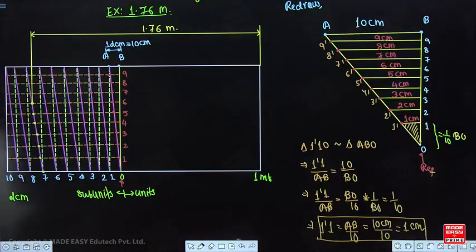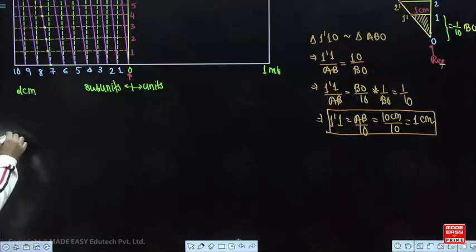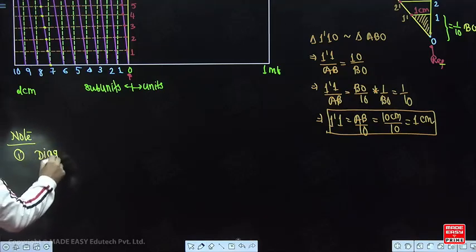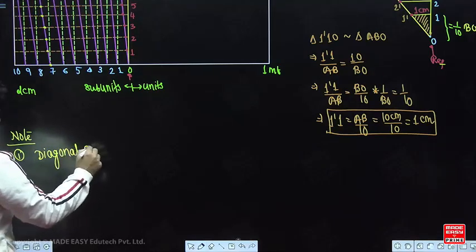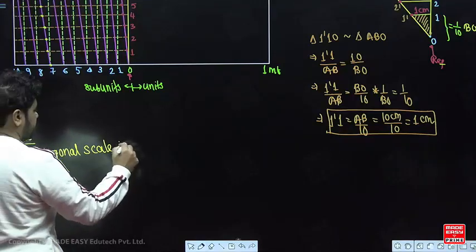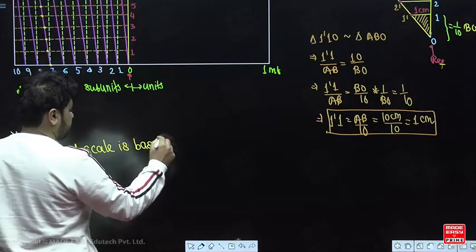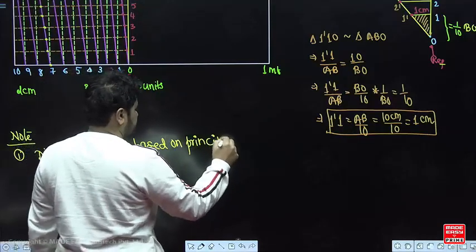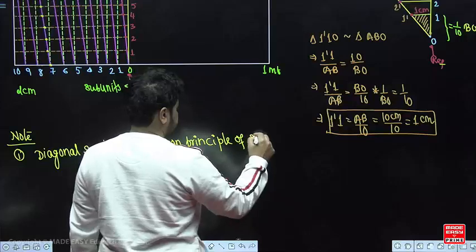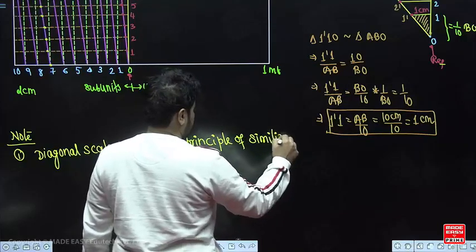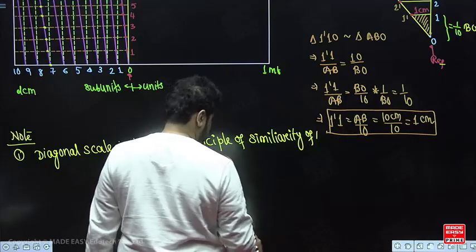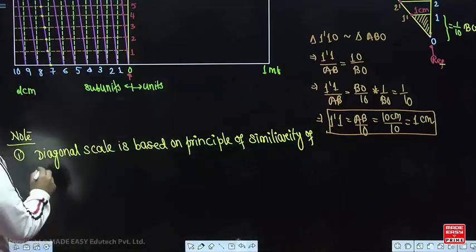Done. Okay. So what are the points? Some note. Diagonal scale is based on the principle of similarity of triangle.